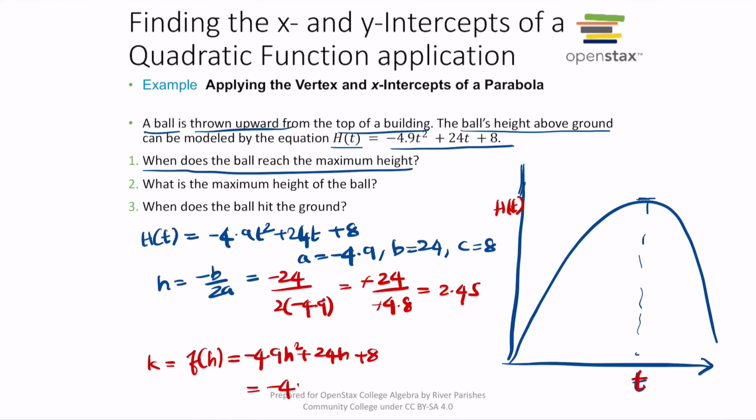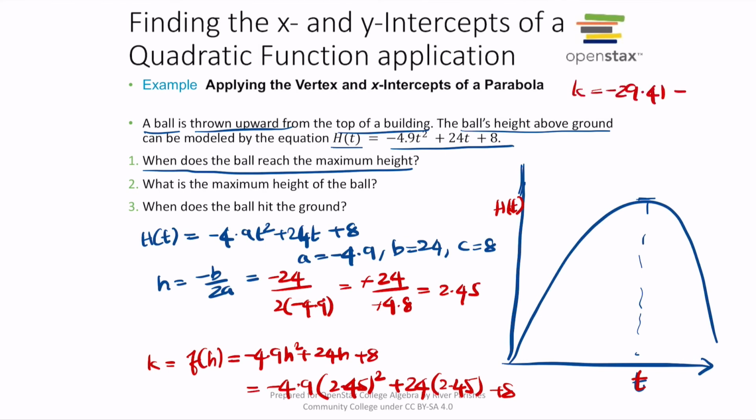So which is -4.9 times 2.45 square plus 24 times 2.45 plus 8. So 2.45 square is 6.0025 times 4.9.